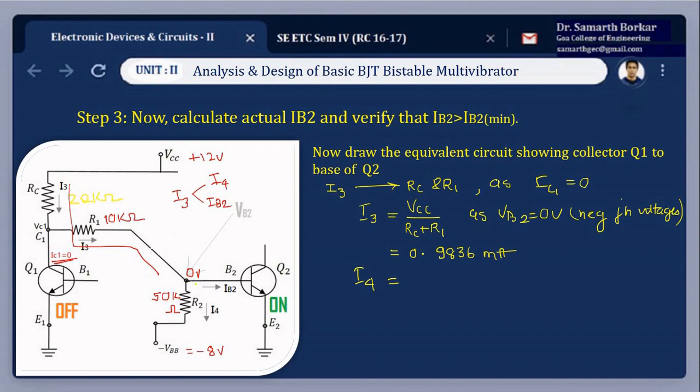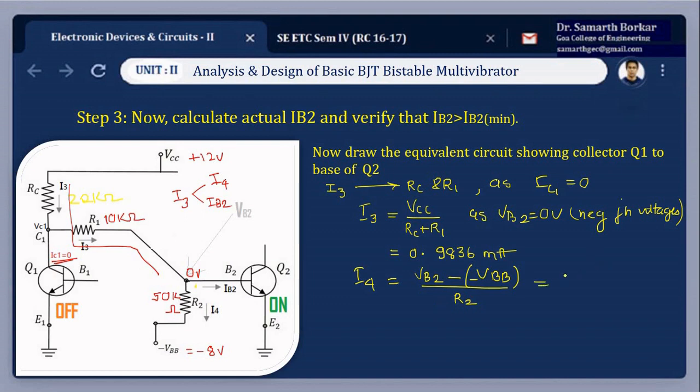Fine. Now trace the current I4. It flows from this point to minus VBB. So I4 will be VB2 minus of minus VBB, following the conventional flow of current, divided by the resistor along its path, R2.